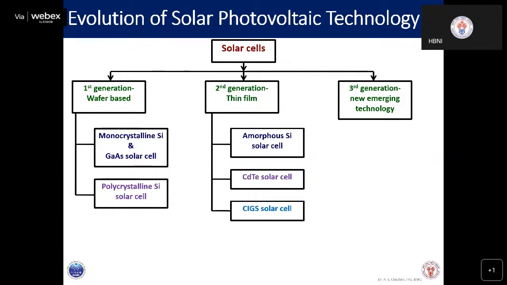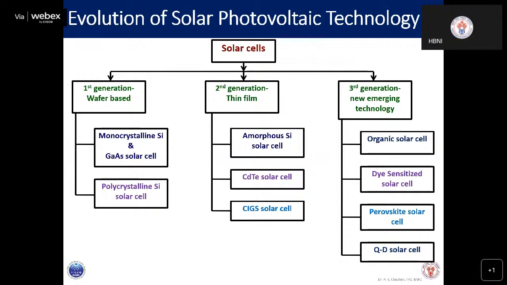These are the most commonly used solar cells in this generation. And third generation, at present, has organic solar cells, dye-sensitized solar cells, perovskite solar cells, and quantum dot solar cells.